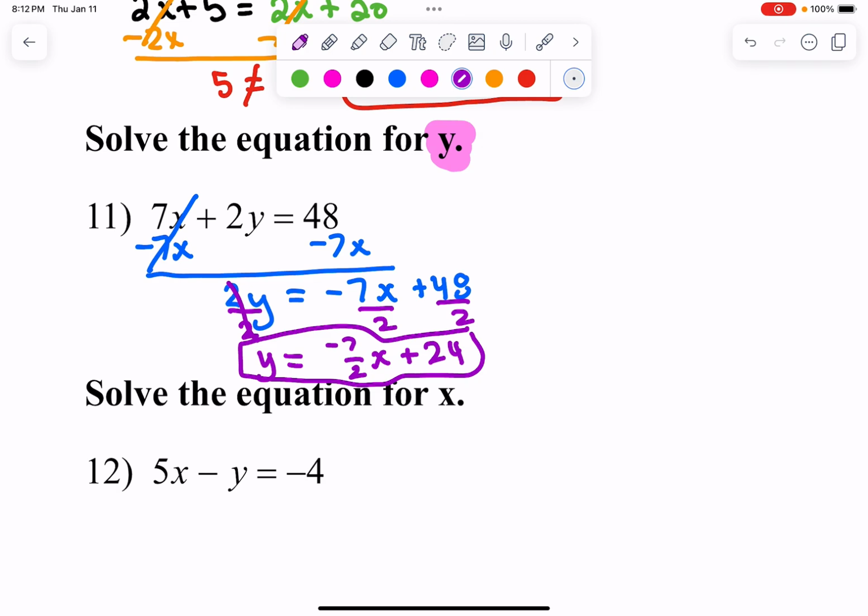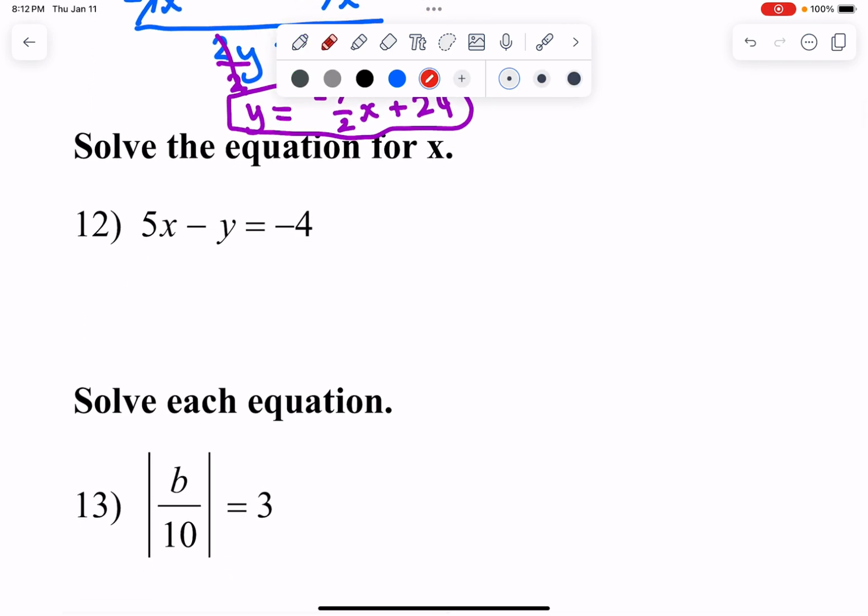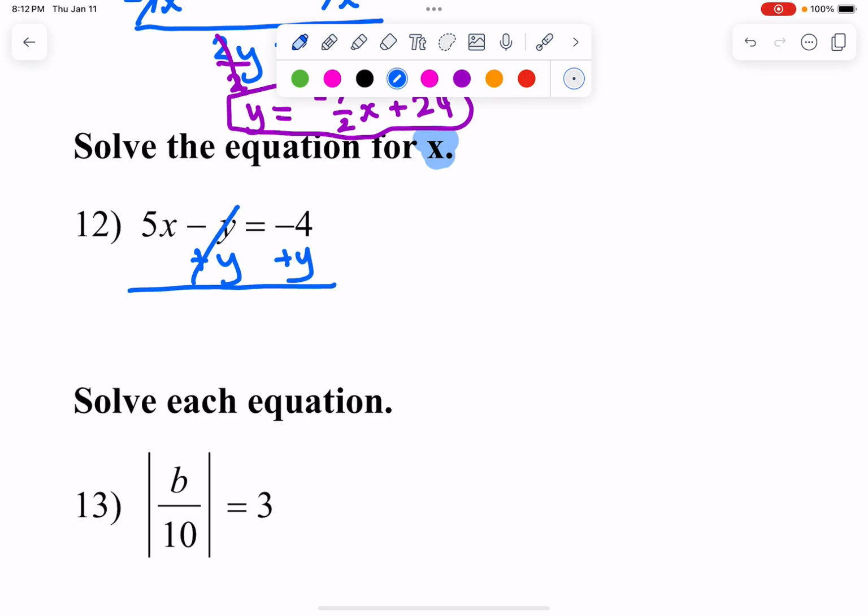What if there's an x and a y in a problem, but it says solve for x? So if I want to solve for x, that means I want to get the x by itself. So now I'm going to move over the y plus y plus y. And we get 5x is equal to y minus 4.